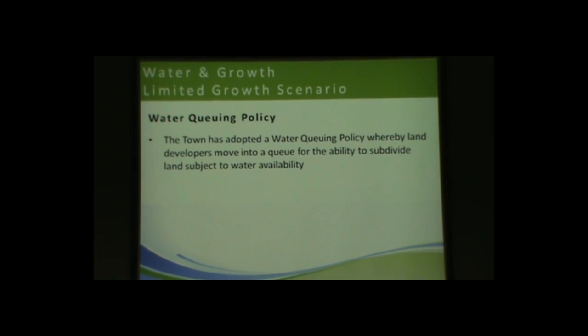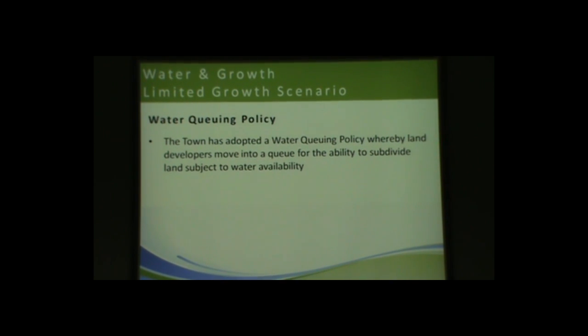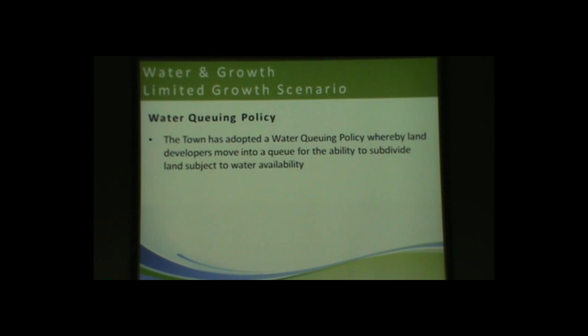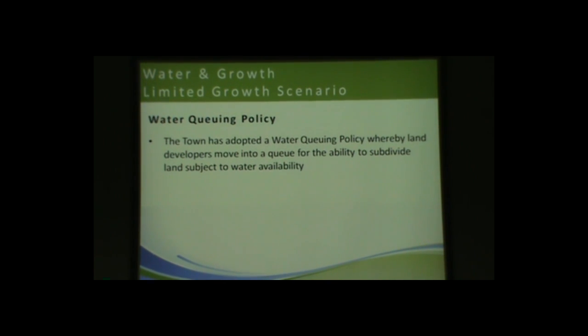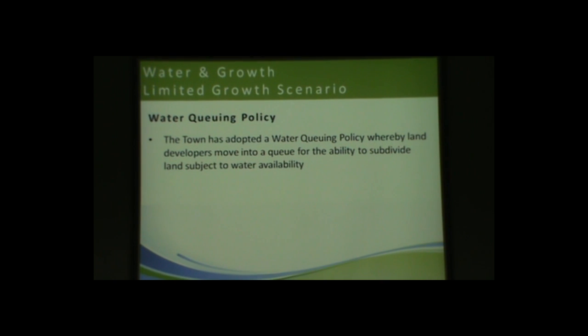So currently any subdivision that has been approved, there is enough water to service that subdivision, and there's a pot of water that is available for new subdivision applications on a first come first served basis, but it is limited, and we will need additional water beyond that to service new subdivisions to our ultimate boundaries.